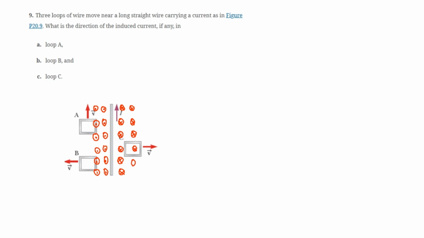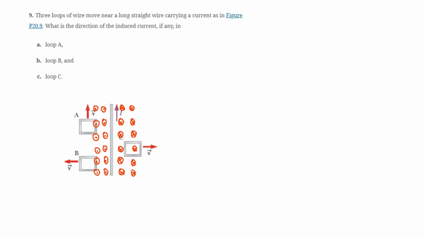Now, what happens with this loop A? The loop A is moving over. It's moving in the direction of the current. Now, the intensity of the magnetic field decreases.